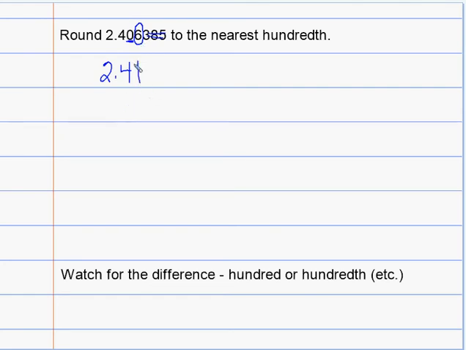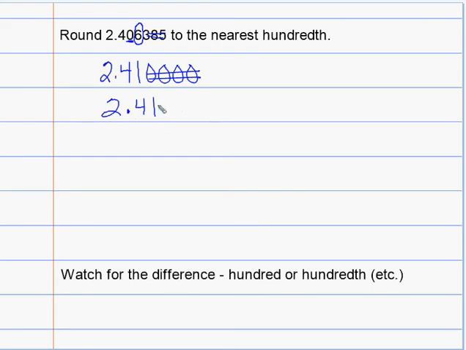Now you might be tempted, when we have whole numbers, we have to put zeros, right, to fill in the rest of the numbers, so that we'd have this 6, 3, 8, 5. They all become zeros. But because we're talking about decimal numbers, we no longer need those. So your correct answer would be 2 and 41 hundredths.